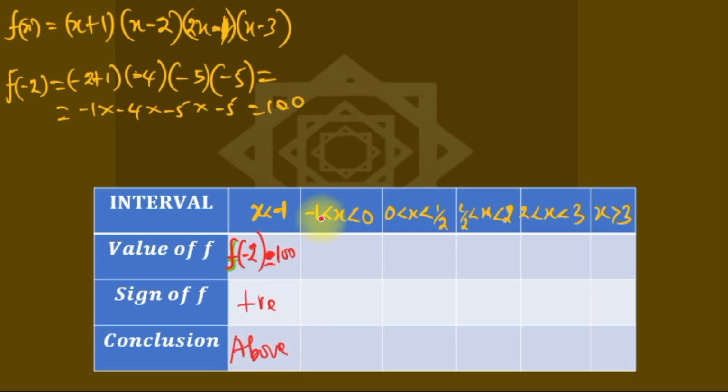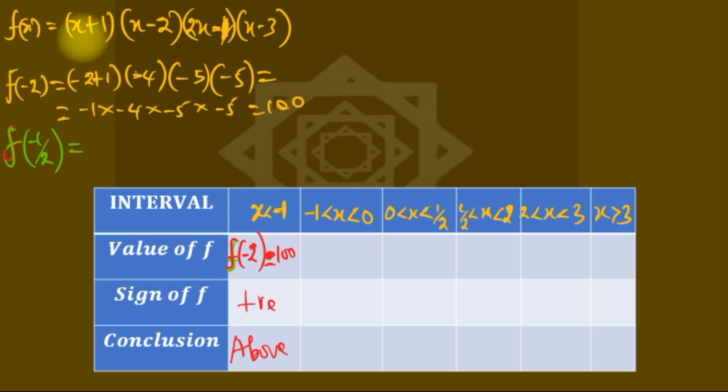So let's test numbers between -1 and 0. Let's test -half, because it's between -1 and 0.